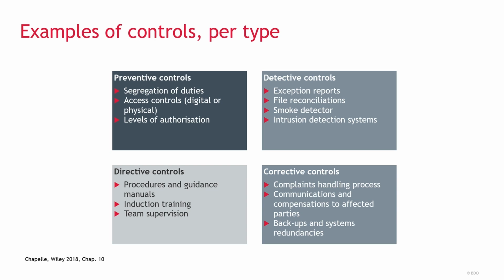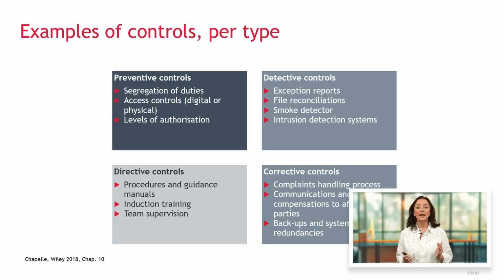You just need high-level principle-based controls like access, digital or physical, policies and guidance, exceptions reporting in terms of detective controls, complaints handling process and compensation to affected parties in terms of corrective controls. So do not hesitate to have these very high-level controls defined in order to highlight what impacts they have in the mitigation of your incidents, in order to really concentrate on the controls that matter.